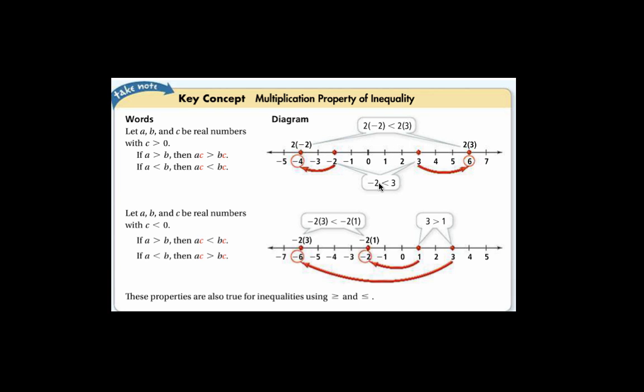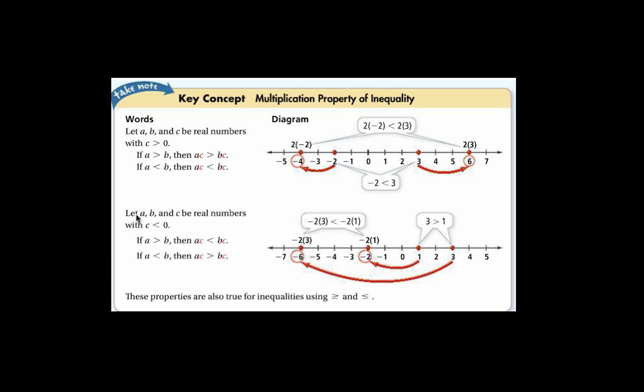And as you can see, if there was a gap between negative 2 and 3, when I multiply both sides by some positive number, the gap actually increases. The gap was 5 units. Now the gap is 10 units. So the gap's doubled. I'm multiplying by 2. That's kind of interesting, don't you think?